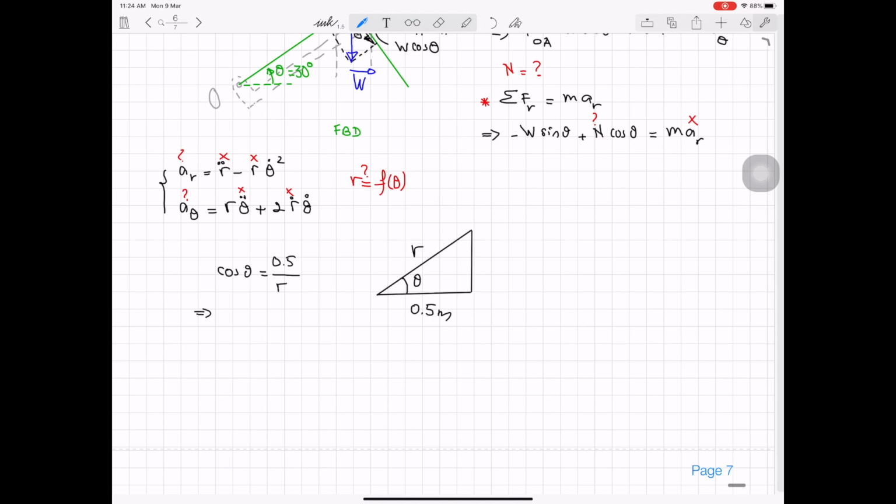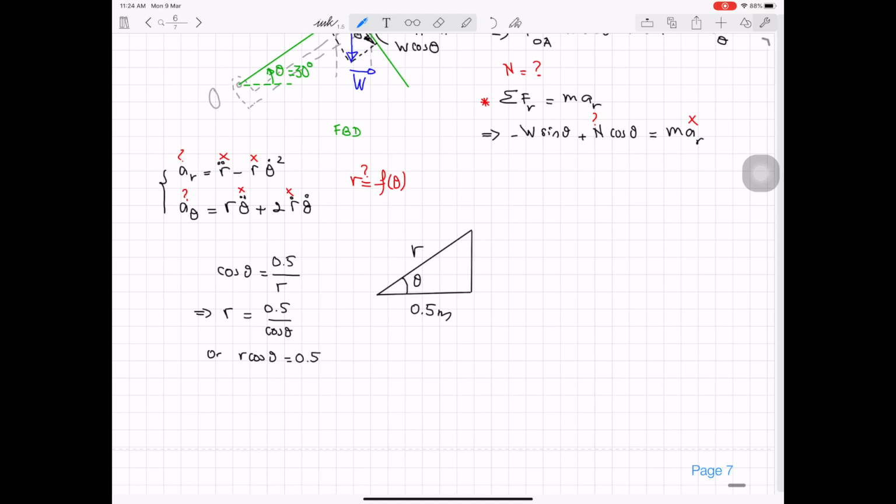So this means that r is equal to 0.5 divided by cosine theta, or r cosine theta is equal to 0.5.